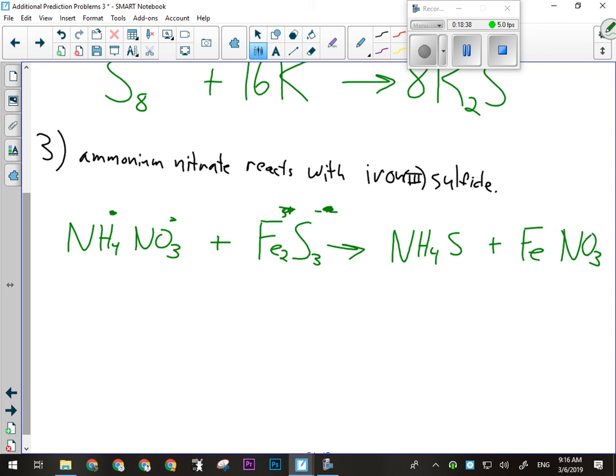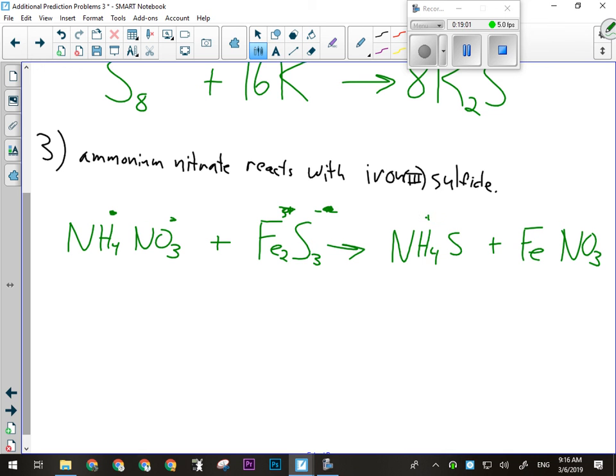I've got the metals listed first and the non-metals listed second, just like I'm supposed to in an ionic compound. What do I have to do with these ionic compounds? I got to drop and swap them. Am I probably going to need brackets? And that's another thing we always have to remember. When we're dropping and swapping ionic compounds and they have polyatomic ions, we sometimes need brackets.